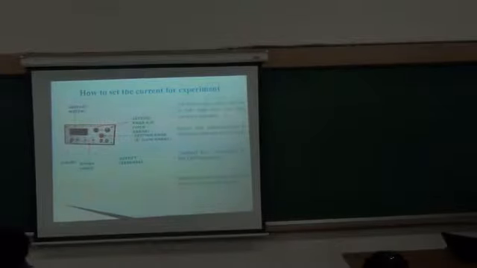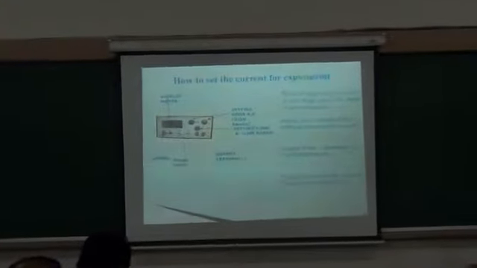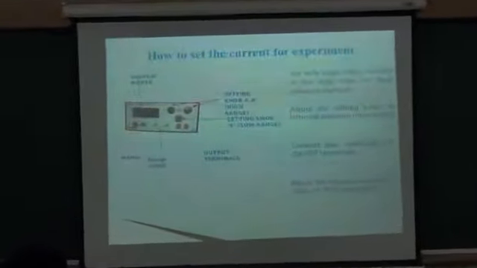Okay, how to set the current for the experiment? First of all, as I have already explained, you have to select the range, whether you are going to use a high current or low current. You have to adjust the knob to the lowermost position. These knobs rotate several turns, so you have to leave them at the extreme left.